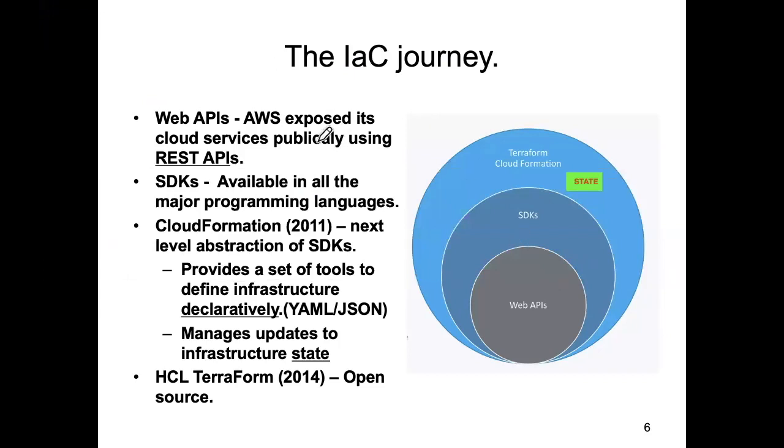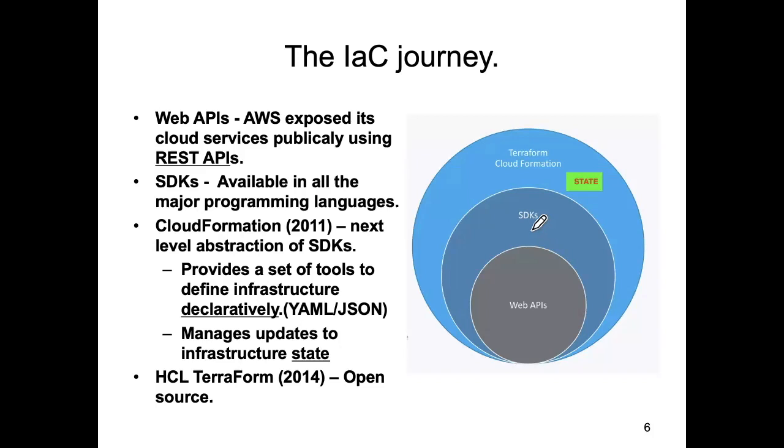The second thing that happened was the AWS actually provided SDKs, software development kits, and they took care of making the HTTP calls to the web APIs. So now our scripts that we wrote were using SDKs rather than making raw HTTP requests.